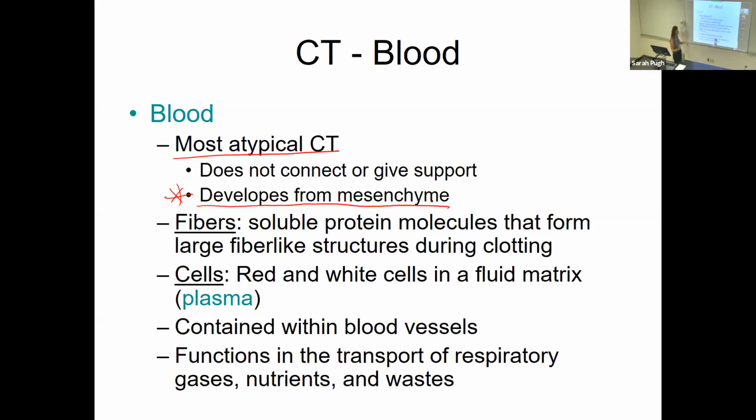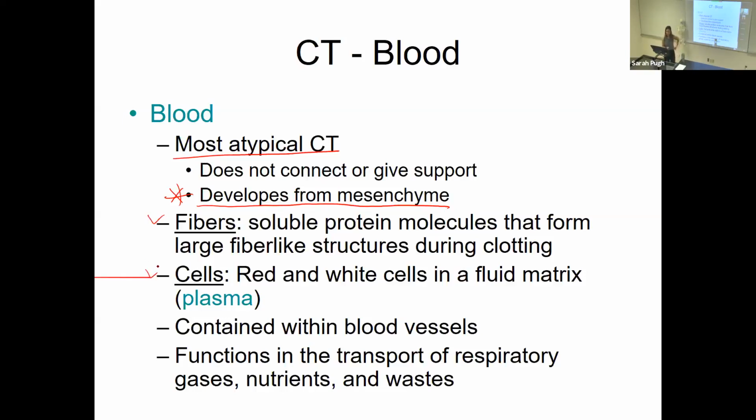Meaning, as we've gone through our connective tissues, I tell you what kind of fiber, what kind of cell. In terms of fibers, blood has fibers in it, but you don't see them unless your blood is clotting. So these are soluble proteins that you never even see, and the only time you see them is when you start going through the reaction of blood clotting.